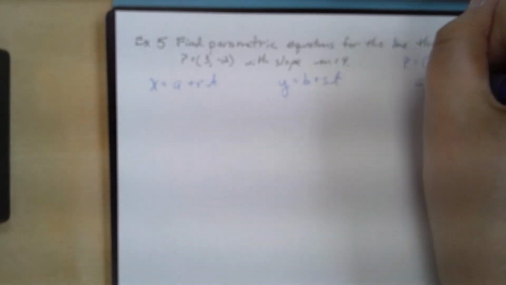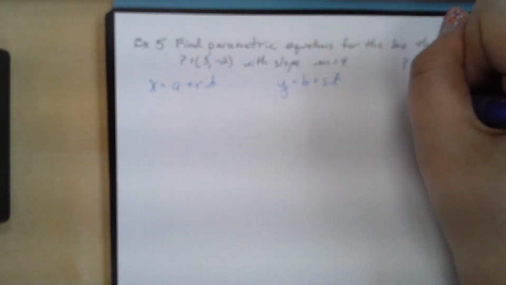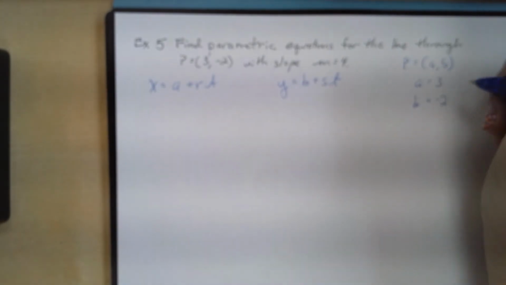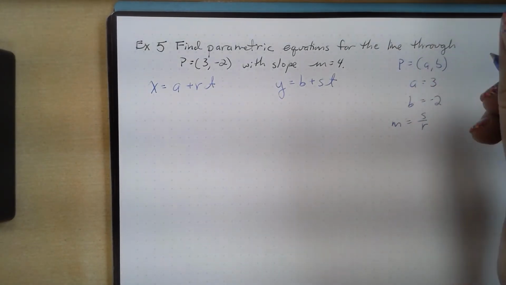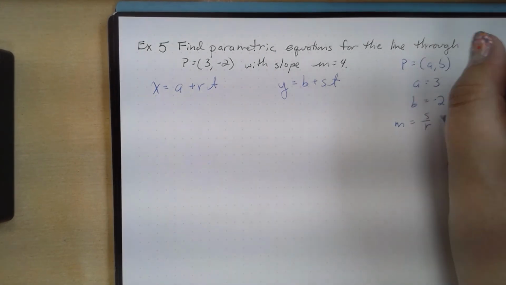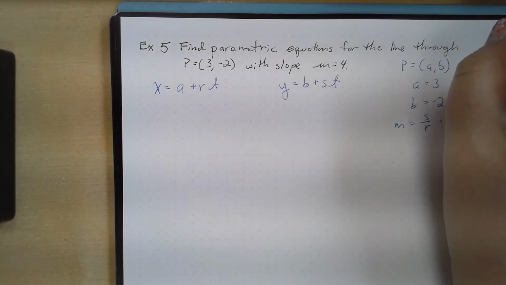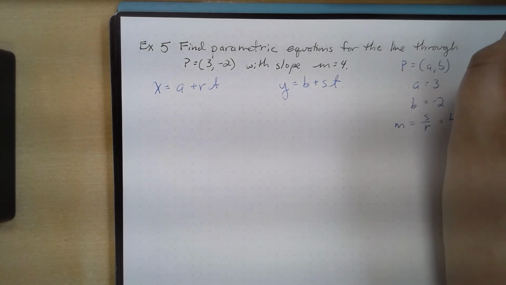So a is equal to 3, and b is equal to negative 2. And m was equal to s over r, which is equal to 4 over 1, okay?